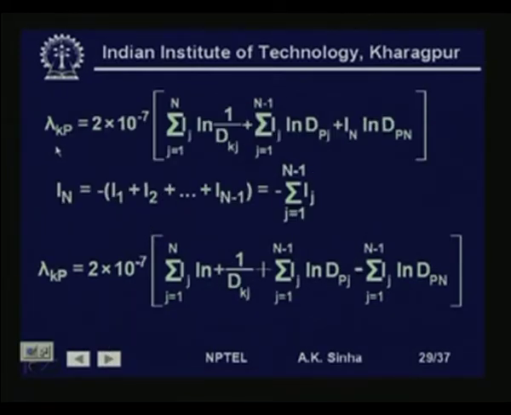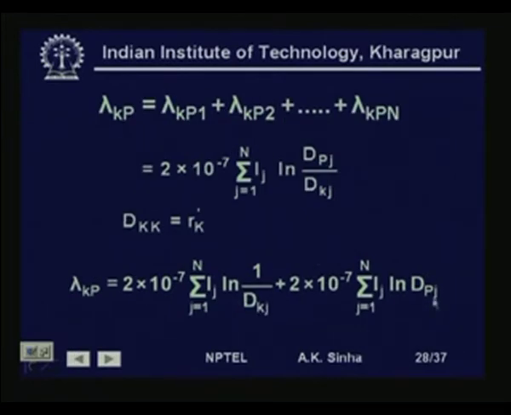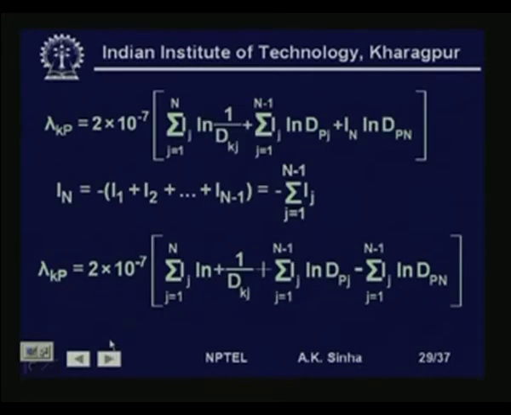Therefore, lambda k p is equal to 2 into 10 to the power minus 7 sigma I j ln (1 by d k j) plus, now the term that we had used here, I j ln d p j, we are separating it into two parts.